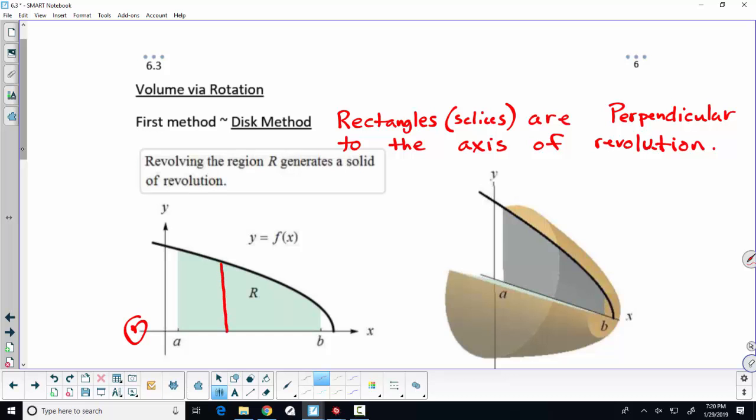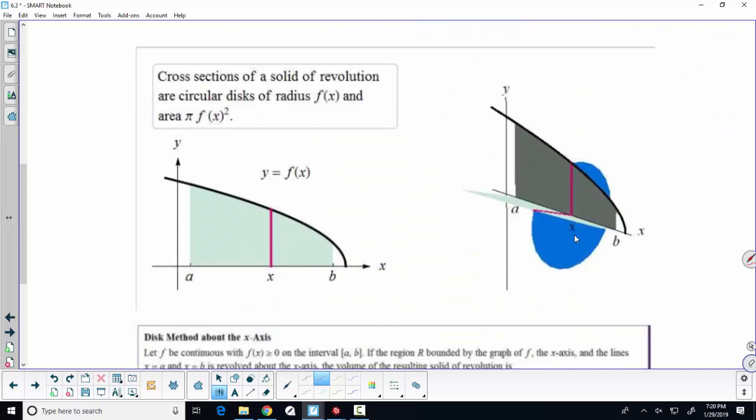In 6.3, we're going to look at what happens when our rectangles or our slices are perpendicular to the axis of revolution. And then in 6.4, we're going to look at what happens when our rectangles or slices are parallel to the axis of revolution. So maybe you can visualize what they are.